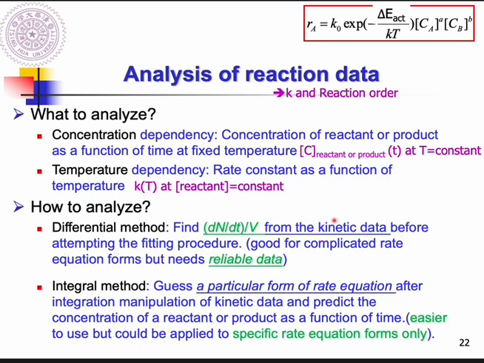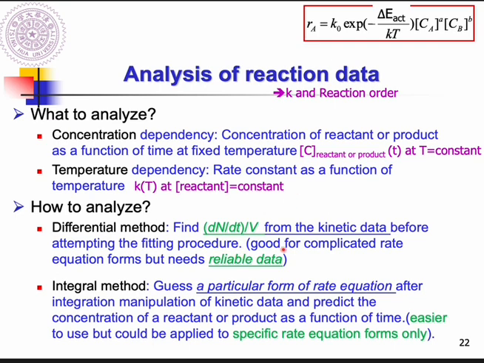The kinetic data means you measure the concentration of reactants as a function of time. And the change rate or consumption rate of reactants, as long as you have concentration as a function of time, will be the slope for each data point, right?